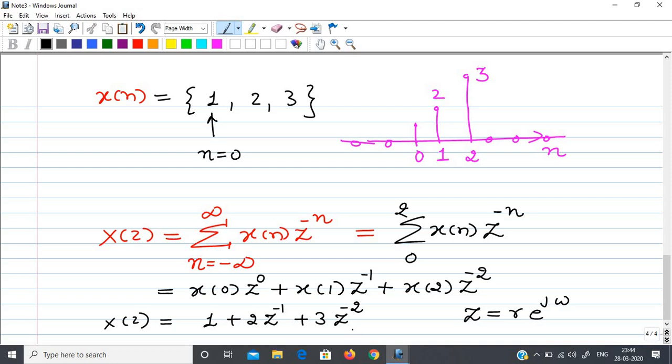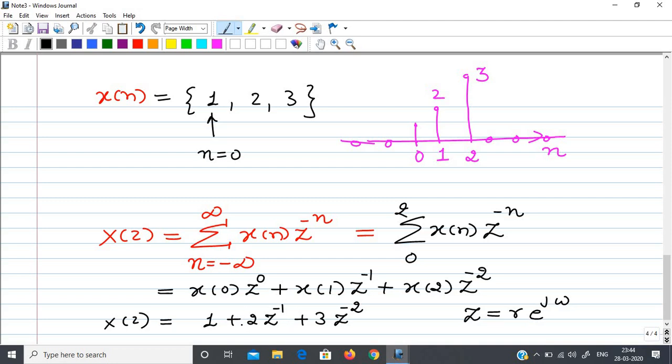Now if this Z tends to 0, then what will happen? If Z tends to 0, meaning r is tending to 0, then this term will become infinite, or this term will also become infinite.